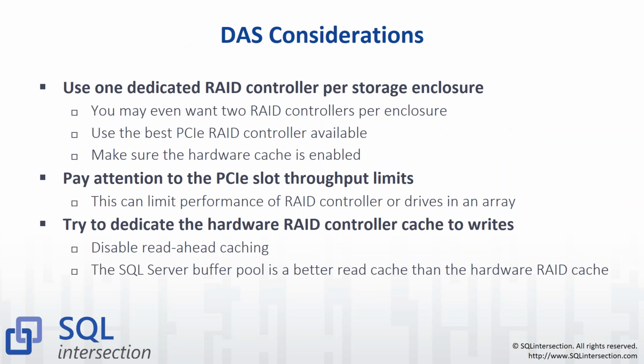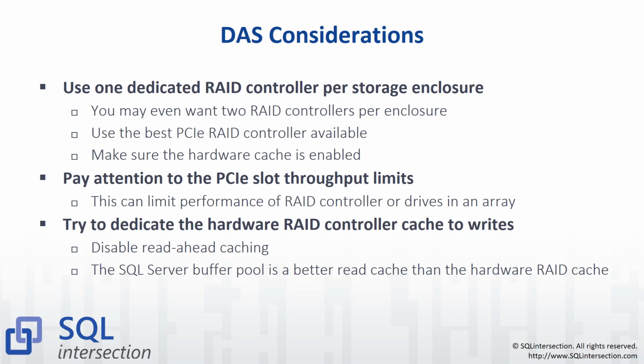Then with direct attached storage, again, you want to make sure you have one dedicated RAID controller per storage enclosure, and you might even want 2, and you want to make sure you use the very best RAID controller you can get. Usually when you go out to buy a Dell or HP server, for example, there'll be 3 or 4 or 5 different RAID controllers they offer for that machine. And the one that is the top of the line that has the largest controller cache and the fastest processor is what you want.